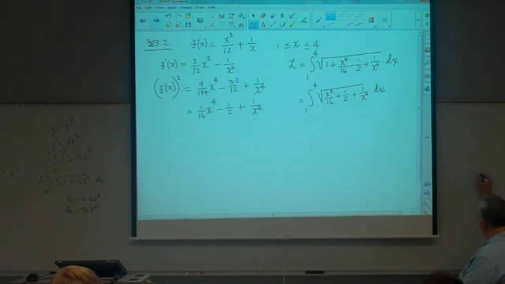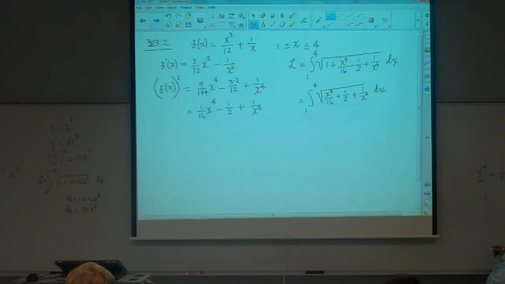I've got x to the 4th over 16 plus 1/2 plus 1 over x to the 4th. And I'm hoping to have something like this. That's my only chance, because I've got to have inside the square root a square so I can get it out of the square root.